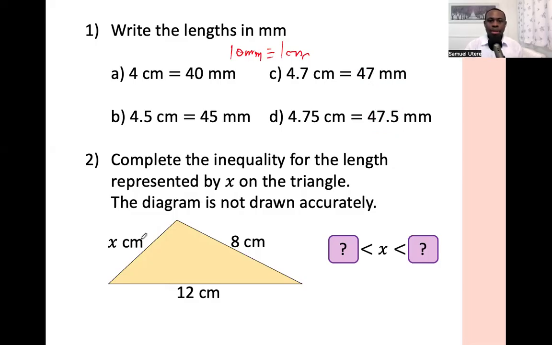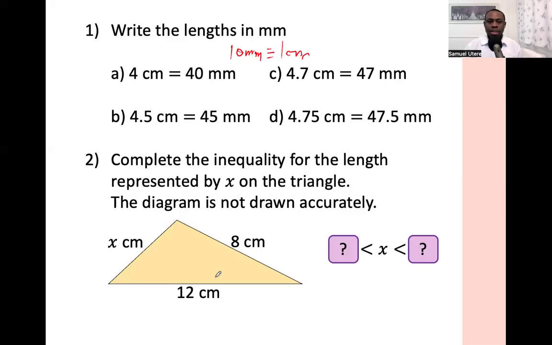Next, we were asked to complete the inequality for the length represented by x on the triangle. The diagram is not drawn accurately. If you think about it, x will have to be greater than 4, otherwise we won't be able to form the vertex.